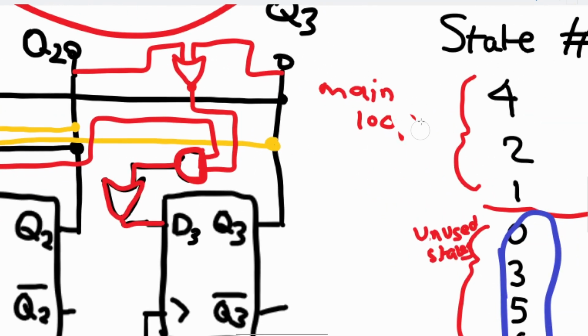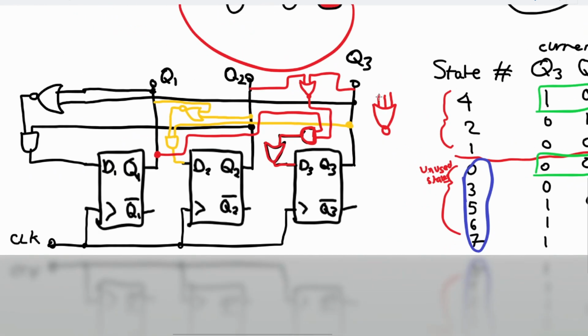Let's rub this out and put it over here, just to get it out of the way. So we need Q1, Q2, and Q3.